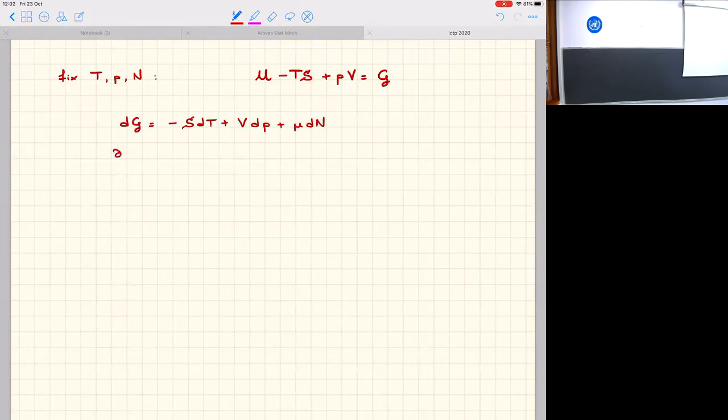And then, of course, dG/dT is equal to minus S, dG/dP is equal to V, and dG/dN is equal to mu. And then if I fix these three variables, dG is less or equal to 0, and then the work is less or equal than minus dG. Usual stories. It's always the same story. The only difference is what kind of variables you are fixing.